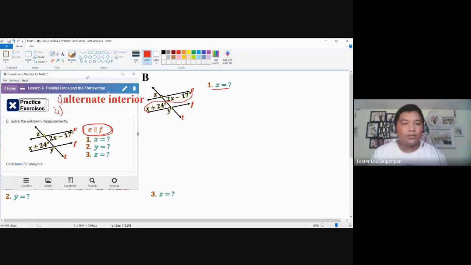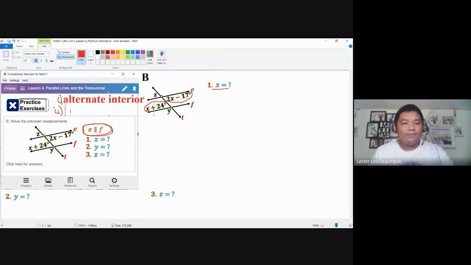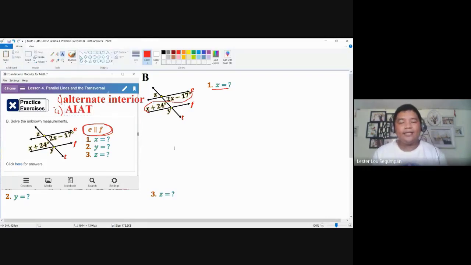And that is given by the AIAT, also known as the alternate interior angles theorem. We have already proven this in our module, so no need to prove this at this time. This theorem tells us that if two parallel lines are cut by a transversal, again, parallel lines as given here, then the alternate interior angles are congruent.